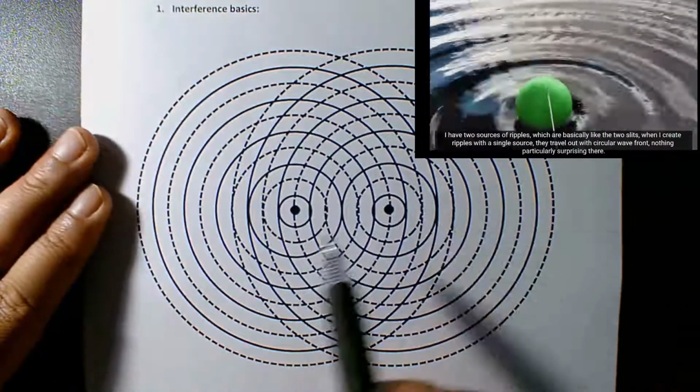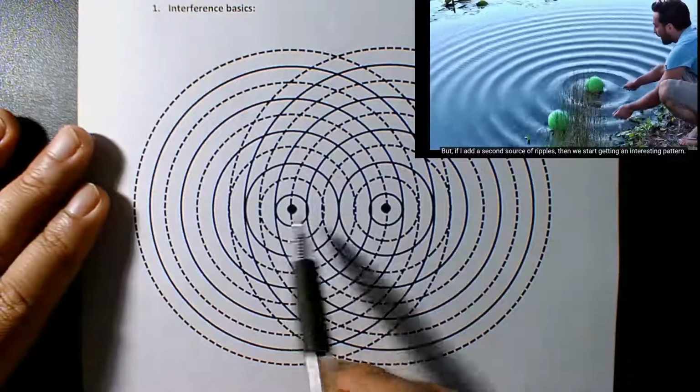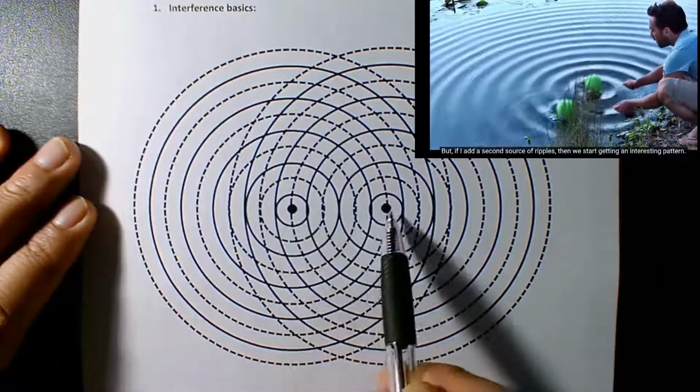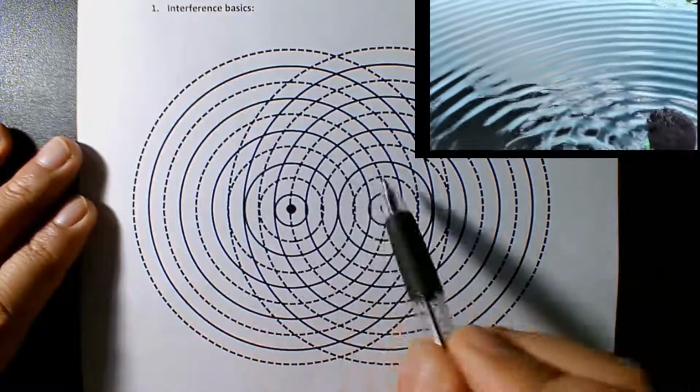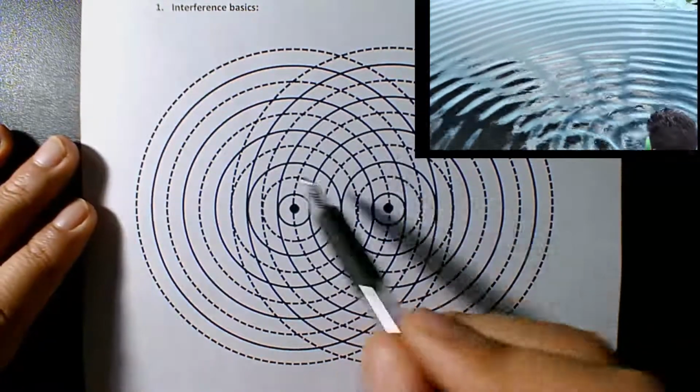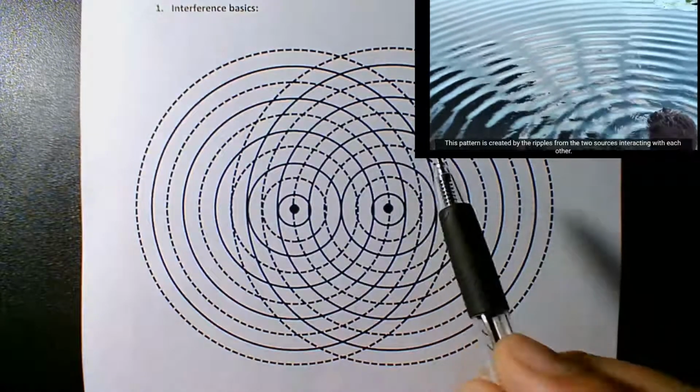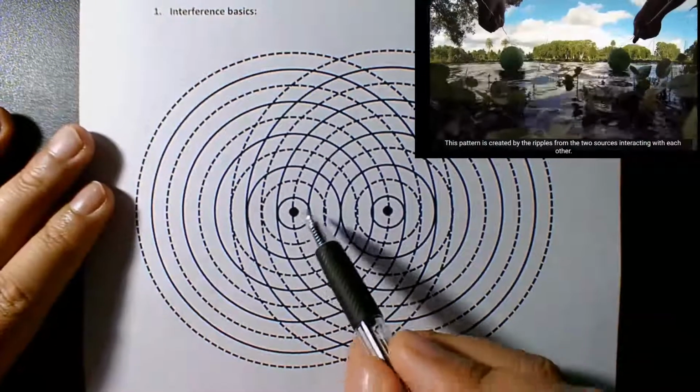particularly interesting. But if you have two sources, two identical sources in phase, for example, then you will see an interesting pattern, and those patterns are because of interference of waves.